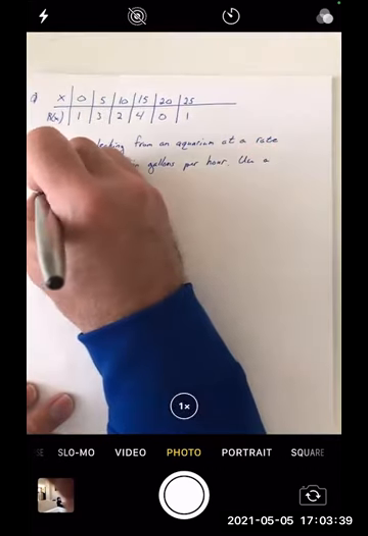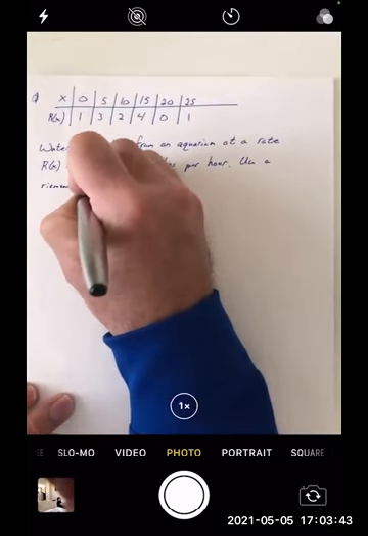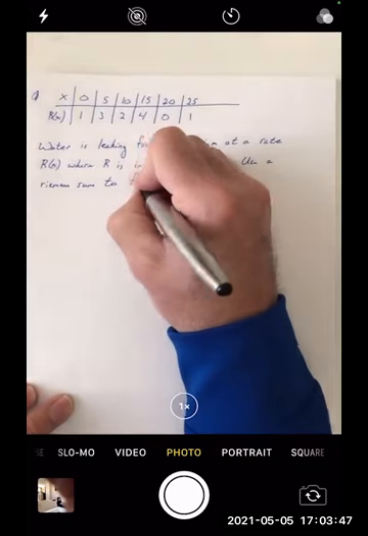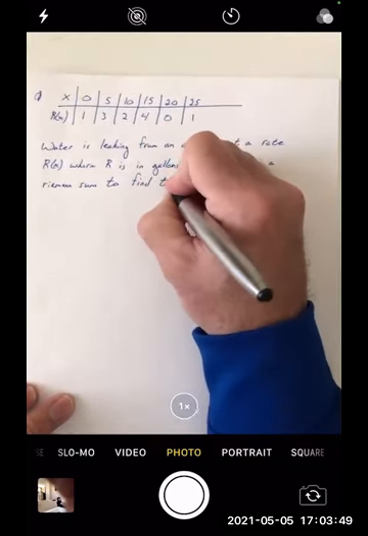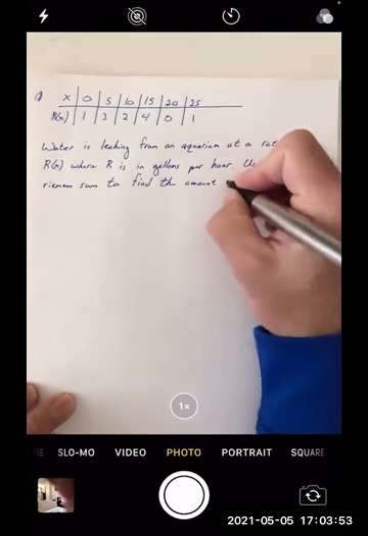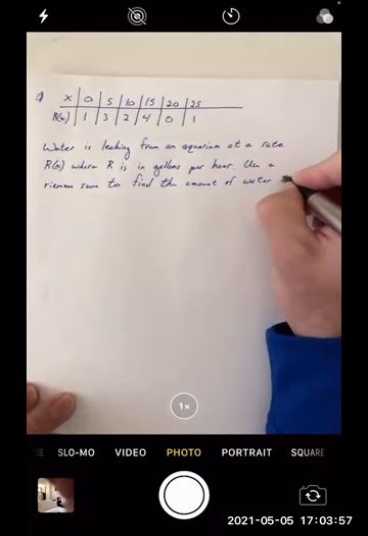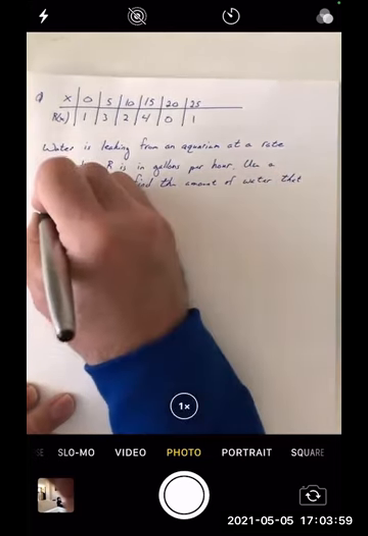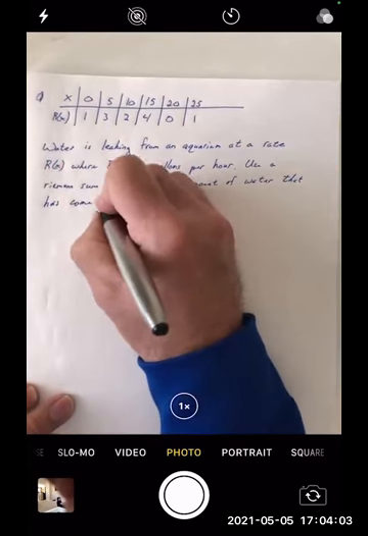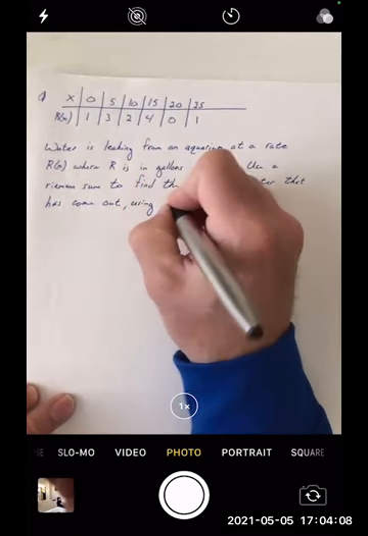So use a Riemann sum to find the amount of water that has come out using the table.